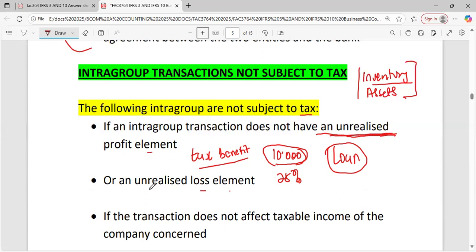So if there is an unrealized loss element, we're not going to focus on that, especially at this level. Remember, you'll see these things when you go to the next level, where you'll focus on things like tax benefit. But for now, if there is an unrealized loss element, then it's not going to be subjected to tax.